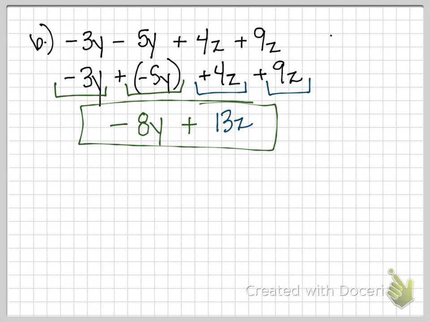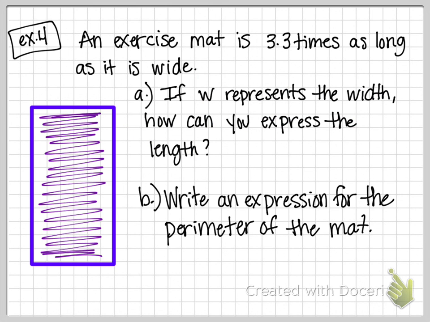So we did this at the start of the year. I have a tool. Here's what it says. If W represents the width, where would I write a W on this exercise, Matt, to represent the width? Across the top. This is the width. Where else could I write a W to represent the width? John: On the bottom. Right? These are the same. How am I going to write the length?